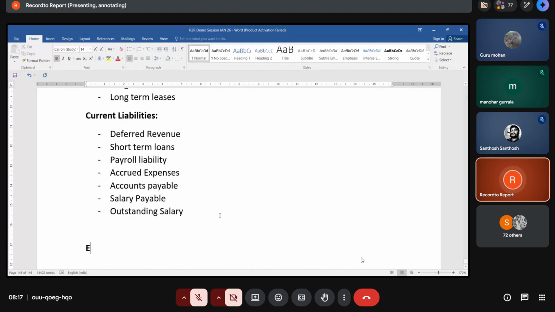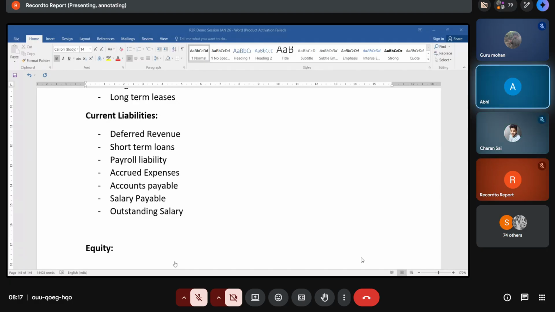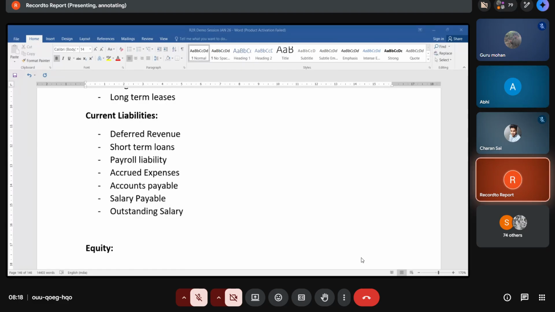We have one more thing. Equity is nothing but the company's shareholders' stake. So in equity, what things are involved, guys? Equity shares. Share capital. Yes, it includes share capital.